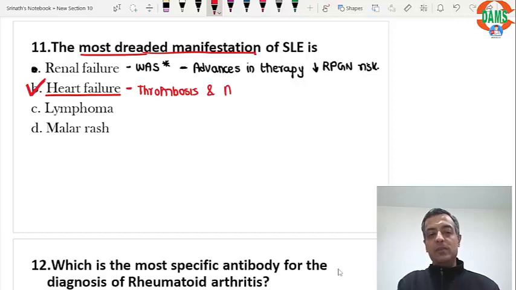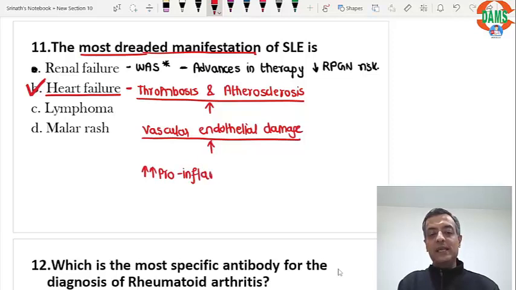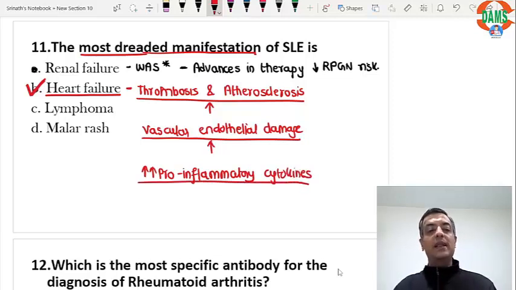Both occur due to damage to the vascular endothelium, brought about by the elevated levels of pro-inflammatory cytokines present in the blood of SLE patients, increasing the risk of heart failure.